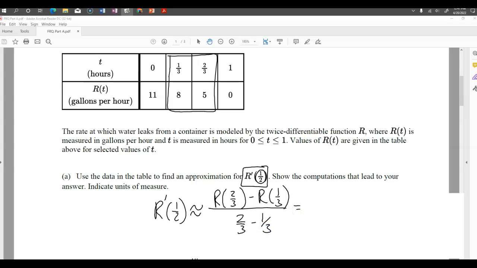So R of 2/3 according to the table is 5. R of 1/3 is 8. Simplifying the bottom, we have 1/3. So that's negative 3 over 1/3.